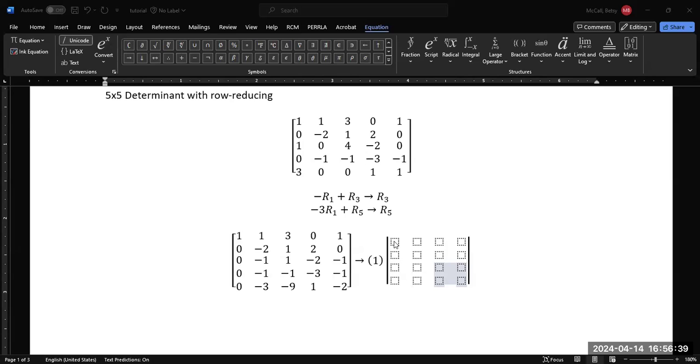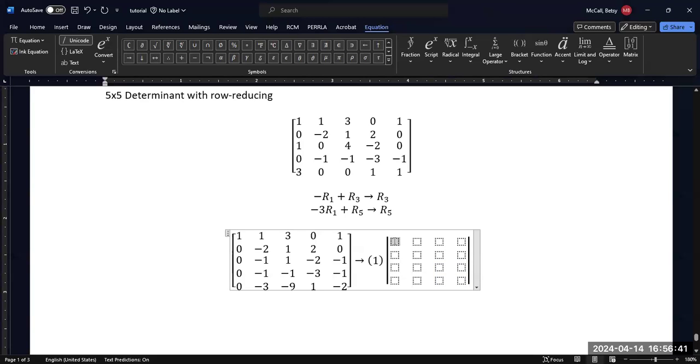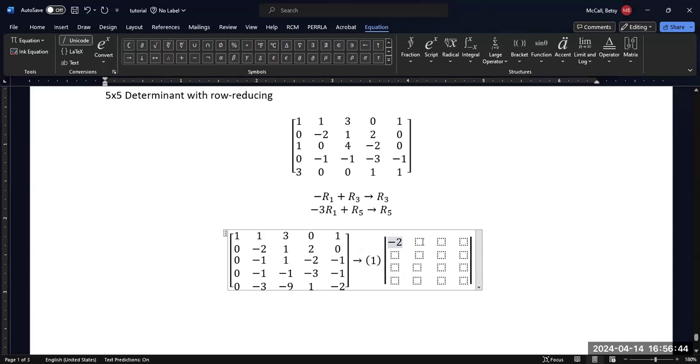And so I'm going to put in my entries here, -2, 1, 2, 0. Again, I'm expanding on this 1 here, this first column, first row. And so what's left is the remaining entries in this bottom part down here.